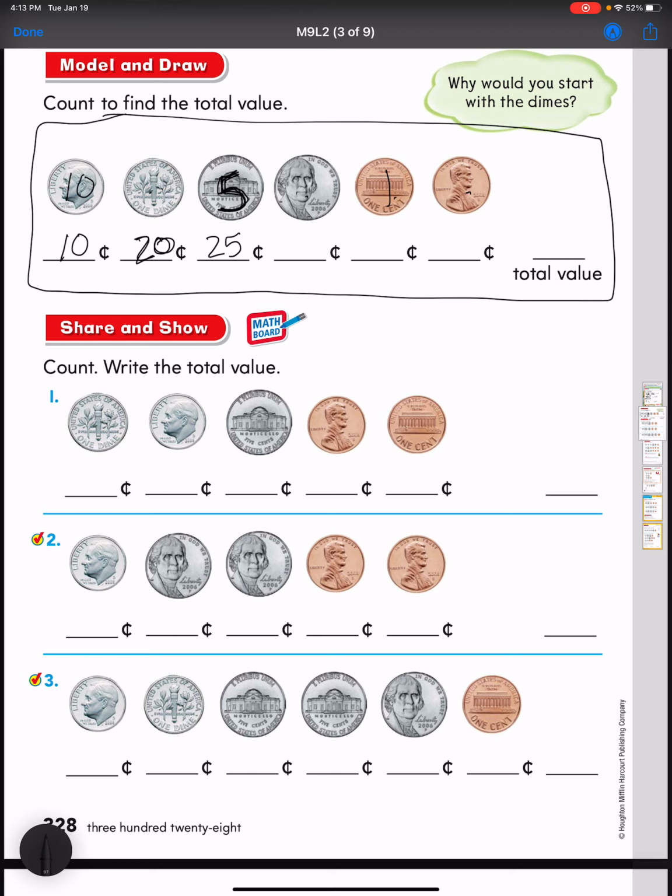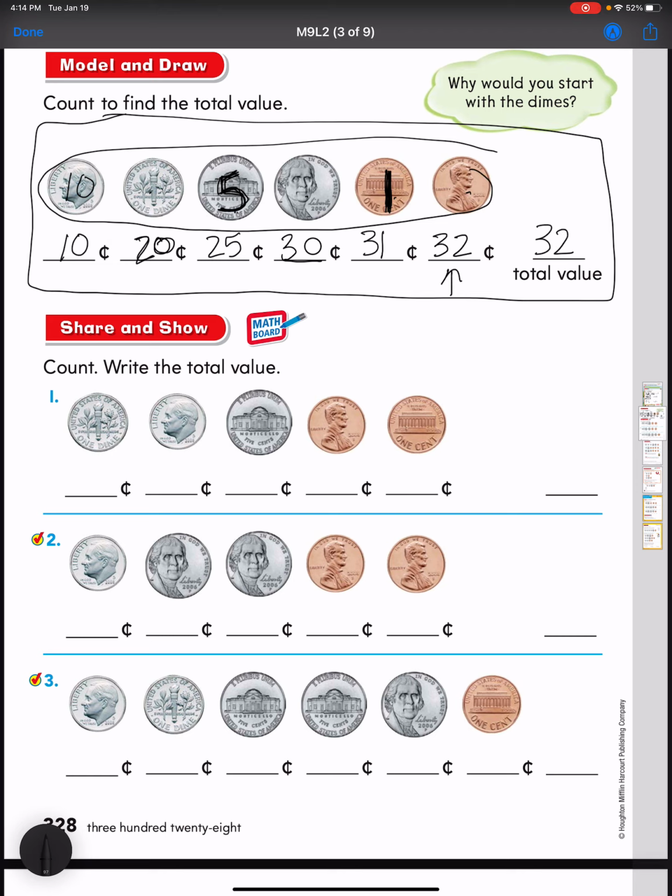And I'm counting by 5. 5 more would be 30. Now I'm going to stop counting by fives because now I only have pennies, and now I have to count by ones. So I had 30. Now I have 31, 32. So my value of these coins right here is 32 cents.